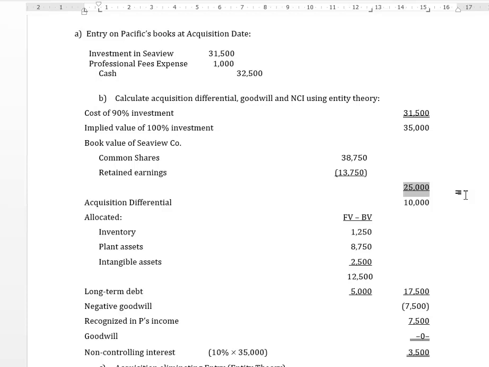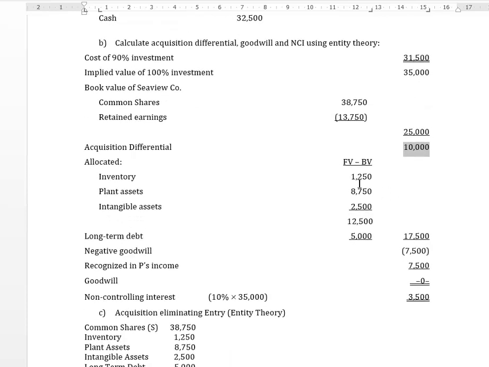So the difference between the implied value of 100% and the book value that you now control of $25,000 is going to give you your acquisition differential, which is $10,000. And I now have to allocate that acquisition differential. How? I'm going to allocate some to my inventory increment, which I saw from the example I was given.